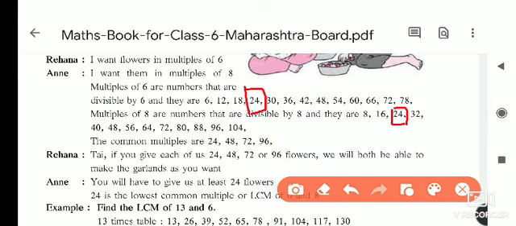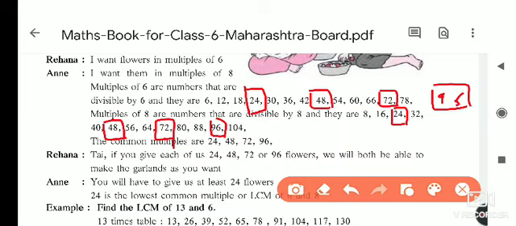The next common multiple is 48. The next is 72, and then 96. So many common multiples are given, but the least one, the smallest, is the LCM of both numbers. Here the common multiples are 24, 48, 72 and 96.